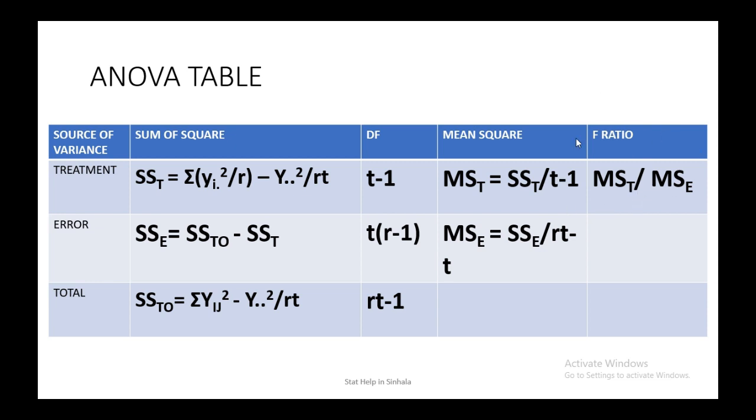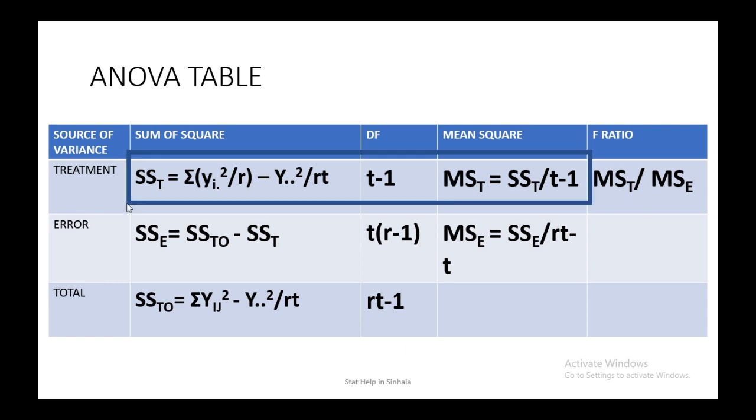Then we can have the F ratio for our observations. So this is the ANOVA table for completely randomized design. In this case, I am going to explain how to calculate each of these parts in the ANOVA table.